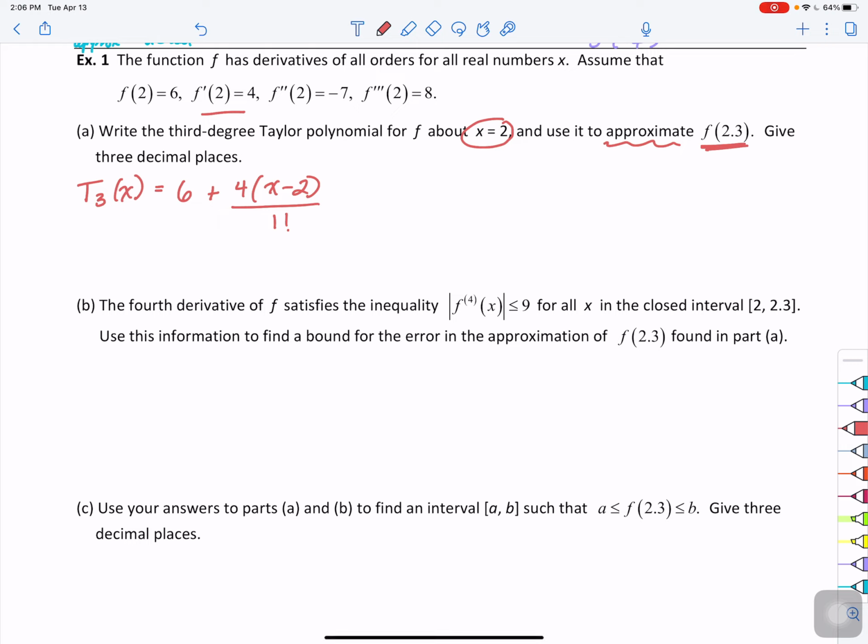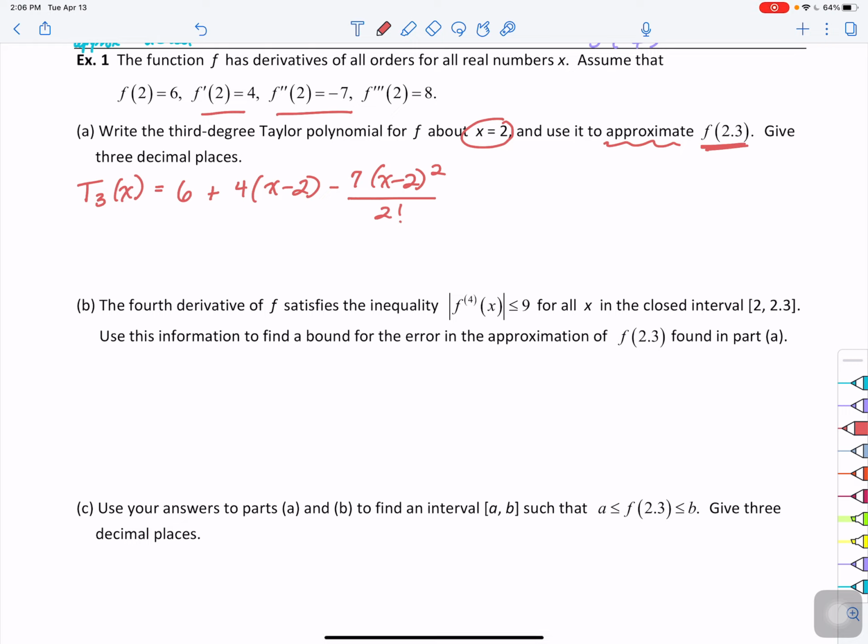And most of the time you don't see either the 0 factorial or the 1 factorial here. You just don't see them. And we usually don't begin writing them until 2, but it's never wrong if you do. Okay, now let's take -7, so minus 7 x minus 2 squared over 2 factorial.